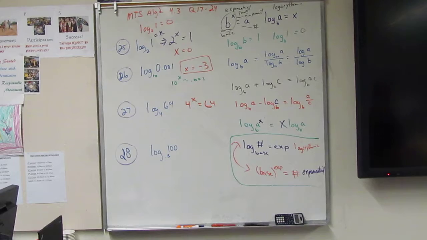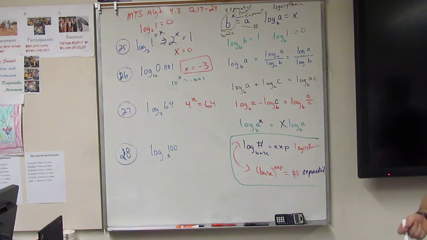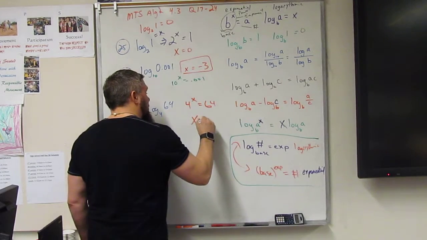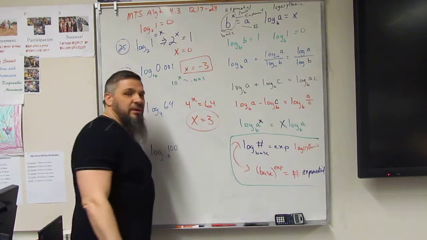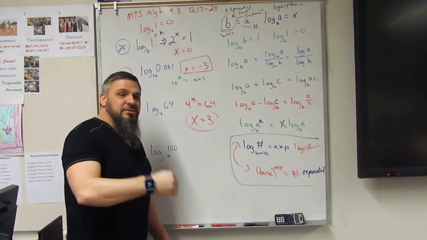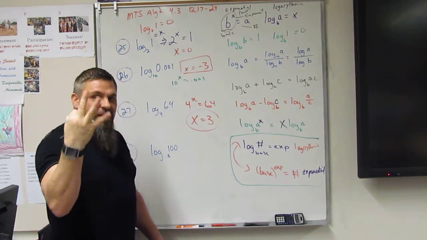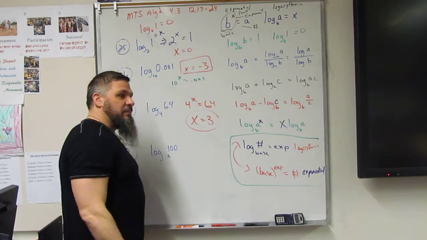So how many times do you times 4 to get 64? Well, 4 times 4 is 16, right? And 16 times 4 is 64. So how many 4s did it take? 3, right? 4 times 4 is 16. That's 2 times another 4. That's 3. 3 4s. Bam. It's easy.